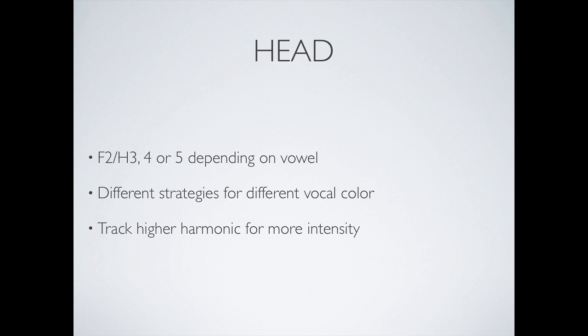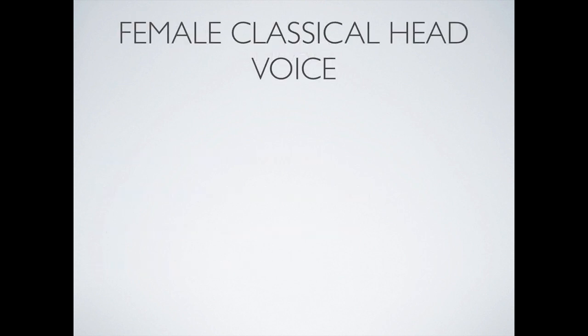You keep tracking this high harmonic, let's say the fifth harmonic, and you're going to get a really intense, bright sound. But you can actually shift it down to a lower harmonic and you're going to get a more rounded, more lyric sound. There's actually great color things that you can do through formant tuning in the head voice.